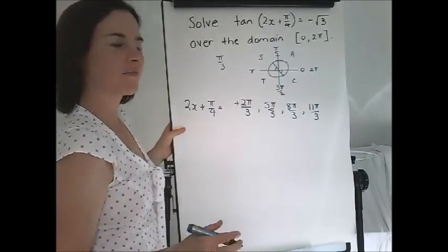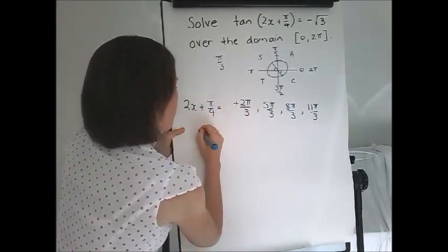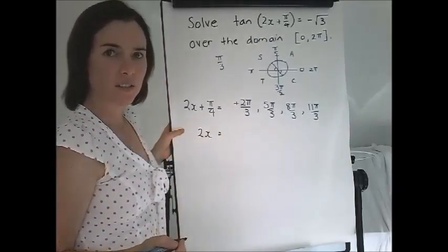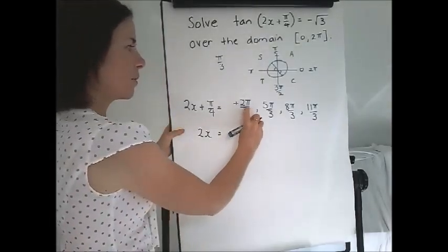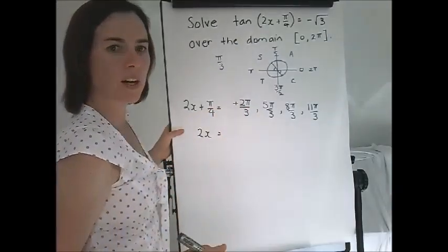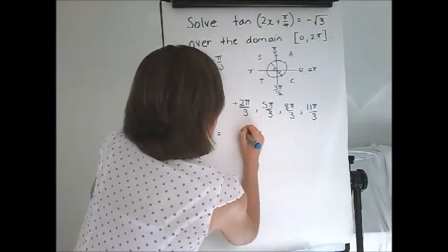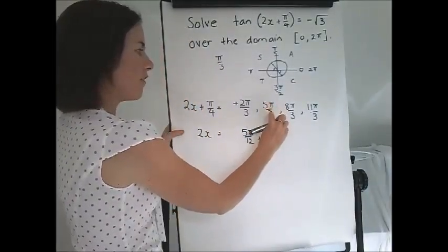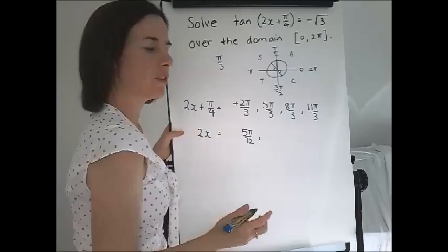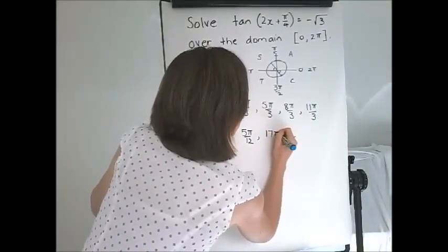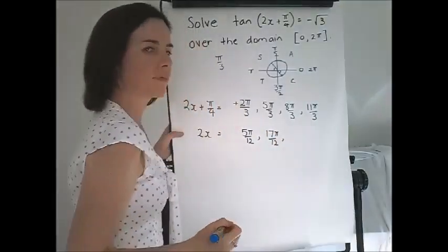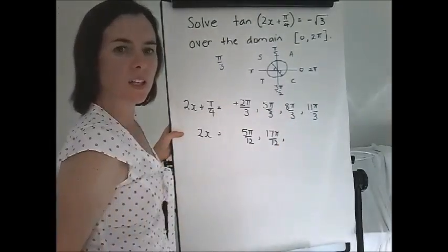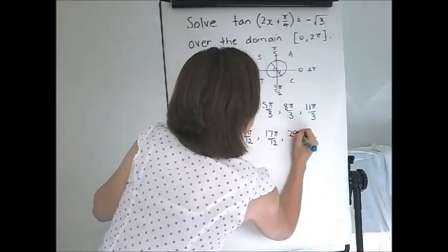Now we solve. So subtract the pi on 4. I'd suggest you use your calculator here to help you with the fractions. But 2 pi on 3 minus pi on 4 is 5 pi on 12. 5 pi on 3 minus pi on 4 is 17 pi on 12. 8 pi on 3 minus pi on 4 for this one gives us 29 pi on 12.